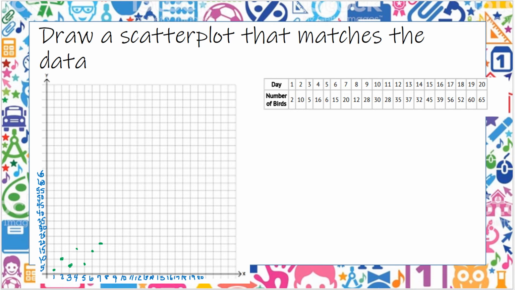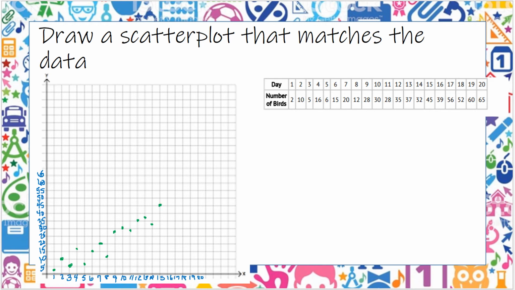Okay, day 8 they had 12 birds. Day 9 they had 28. Day 10 they had 30. Day 11 was 28. Day 12 was 35. Day 13 was 37. Day 14 was 32. Day 15 was 45.